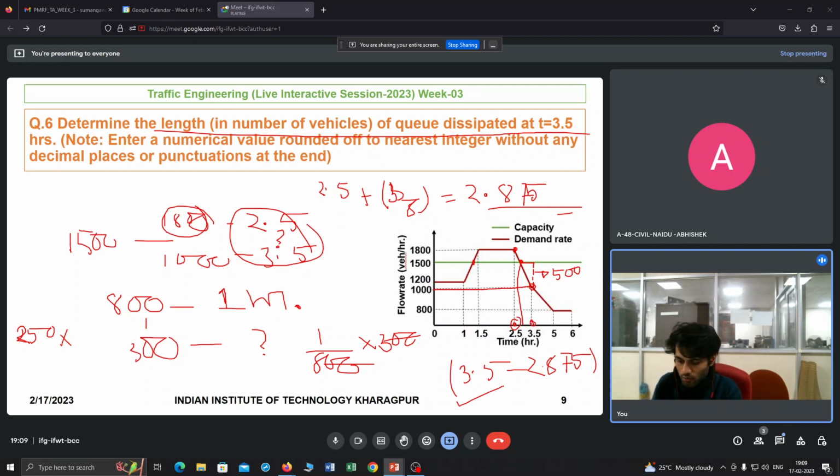So 3.5 minus 2.875 is 0.625, into 250, and it comes out to be 156.25. Or we can say 156 vehicles or so, because there is no logic in writing 156.25, but okay, you can write it.